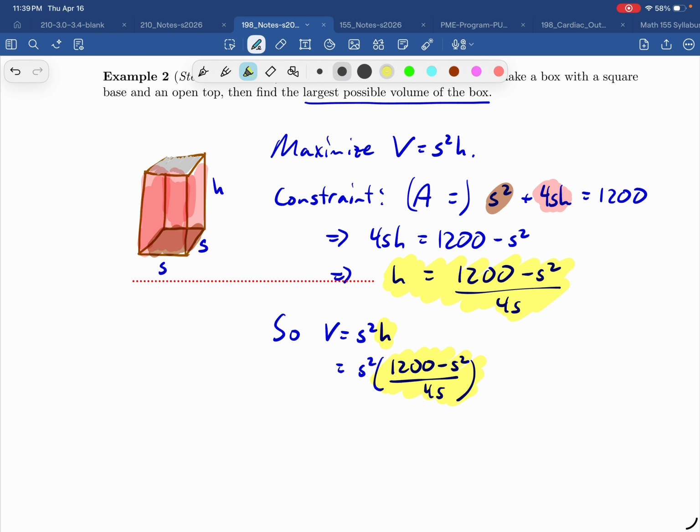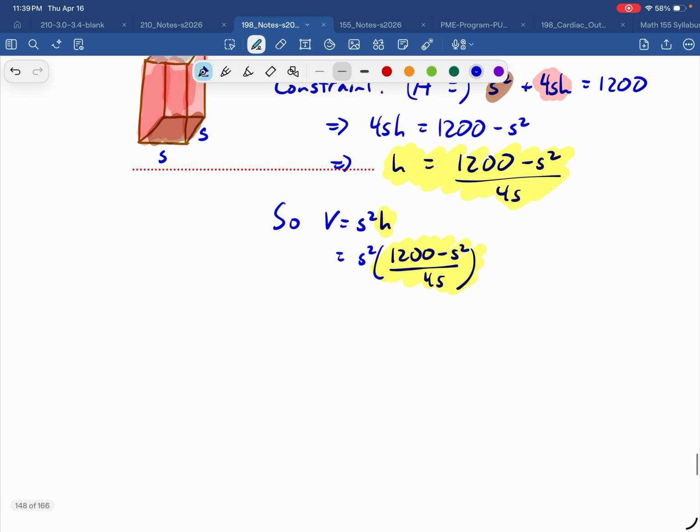We just substituted in for H. And now, of course, it's better to simplify now to make the derivative as easy as possible than to do a quotient rule and a product rule and all that nonsense. So anyway, we're going to get, I think it's 300S minus S cubed over 4.